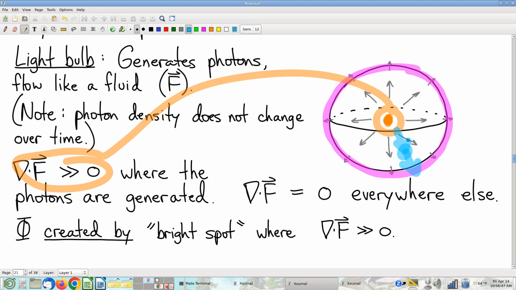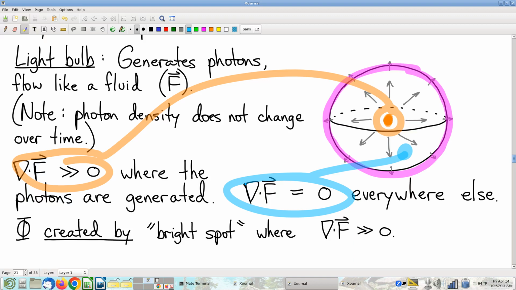Nothing's being created, photon-wise, in that spot. That's not actually a source of anything. And that, algebraically, is represented by divergence being 0. If you were to write down the vector field for this scenario and compute its divergence, the divergence would literally be 0 at that blue spot.